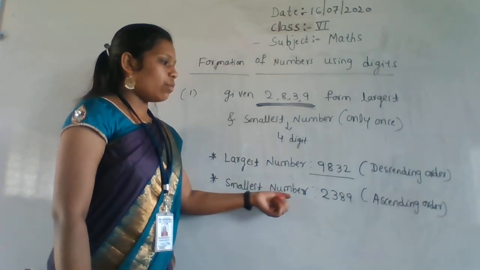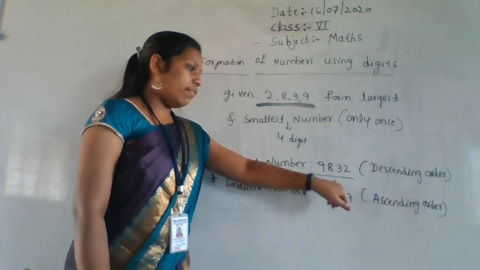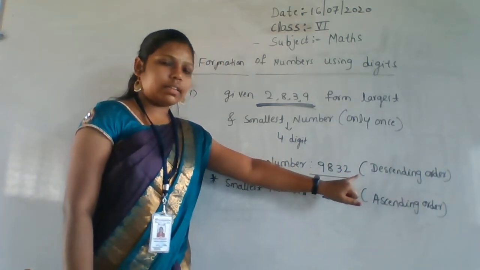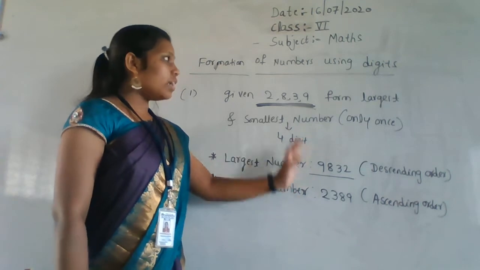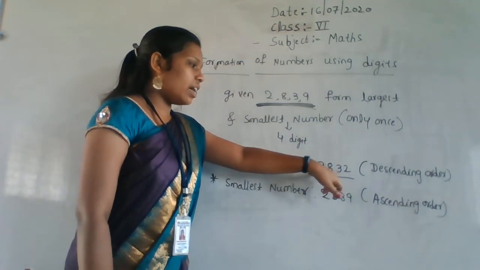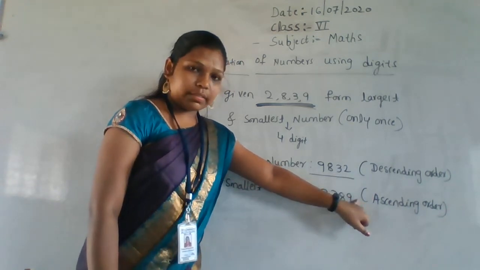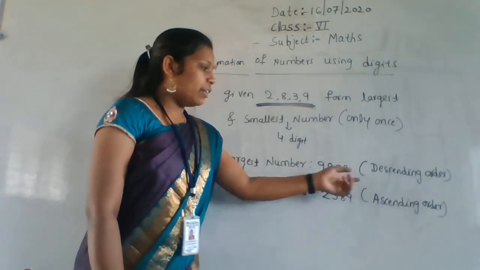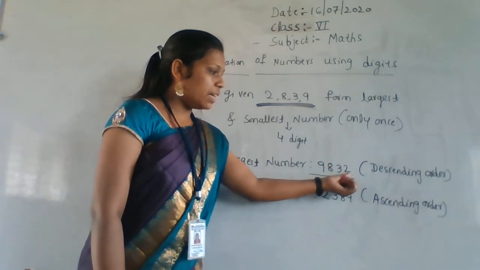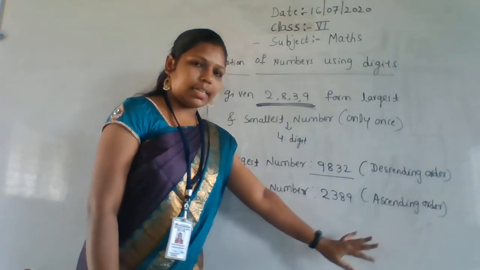Only the thing is what? While writing the descending and ascending order, we put commas here, right? But here we are forming a number. It is a formation of a number. That's why we are not putting commas in between the numbers. If we put commas in between the numbers here, it will become a descending order as well as the ascending order.